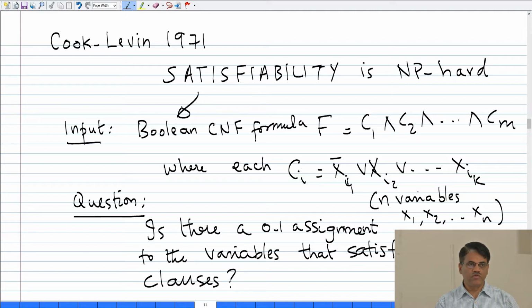Okay. So, now we are moving into a different domain, Boolean formulas. So, we have a formula which is an AND of a bunch of clauses, okay. AND is a conjunction of various clauses. What is a clause? It is an OR of some variables or their negations, okay. A clause.